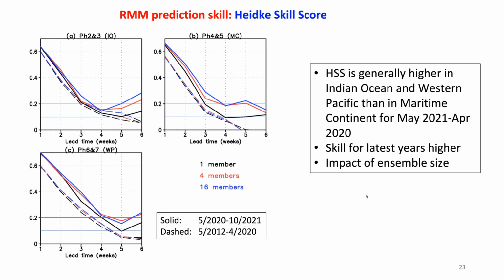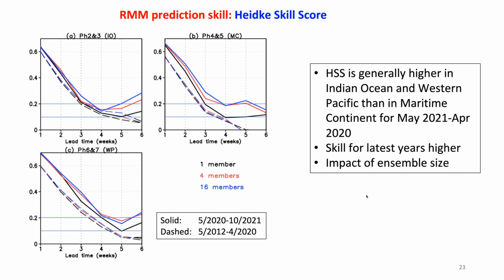We see that the skill is relatively lower for the maritime continent, which is the upper right panel, compared to that for the Indian Ocean, which is upper left, and the Western Pacific, which is lower left. We also see a slight increase of the skill with the ensemble size. It's not as clear as that for anomaly correlation. So that is RMM. Let's go to the next slide.